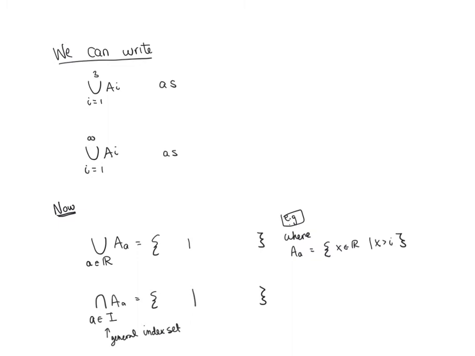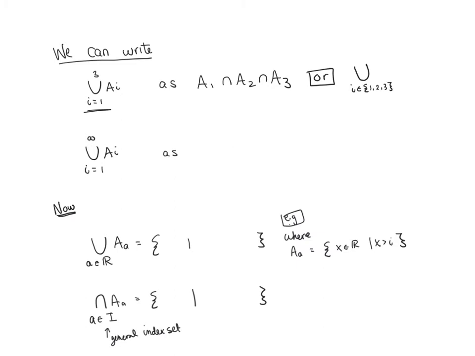Okay, so let's try some of these. I know that this union from I equals 1 to 3 can be written as A1 union A2 union A3. That's the way we've seen before. But we can also write it in this new notation where we say explicitly that I is one of the elements of the set {1, 2, 3}.